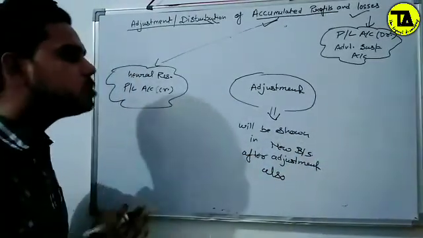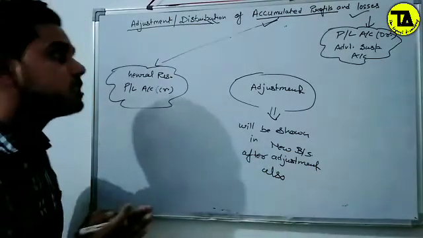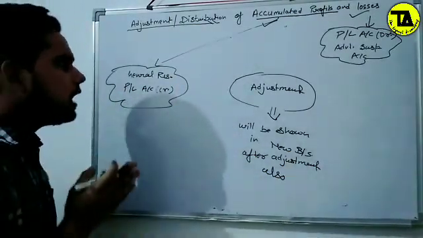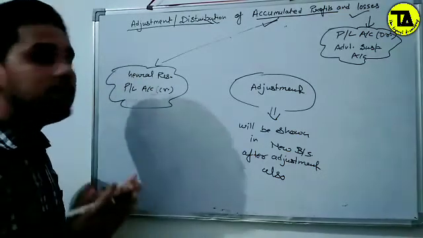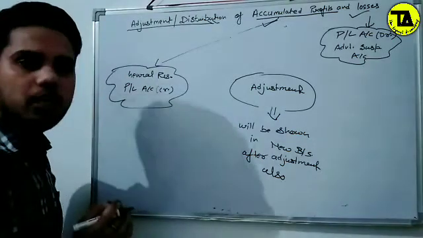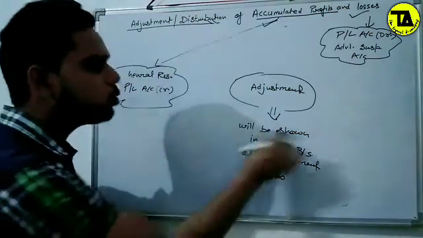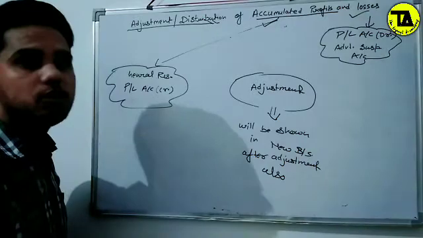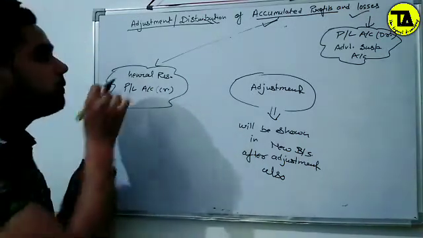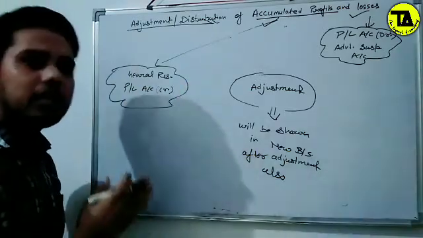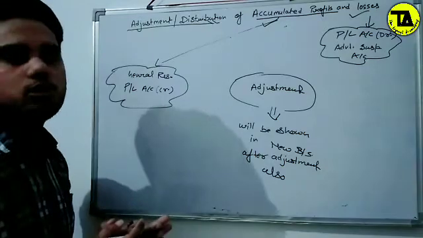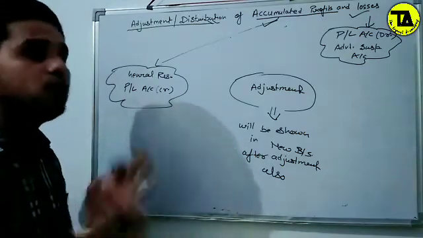If we do an adjustment for either accumulated profit or accumulated loss, earlier accumulated profit and loss is shown in the balance sheet. Even if you adjust that accumulated profit, it will be shown in the new balance sheet after adjustment also. Means earlier, if you see general reserve or profit and loss in the earlier balance sheet, you will see it in the later balance sheet also, right? Means its view will not change.